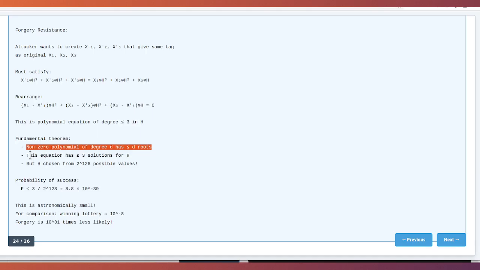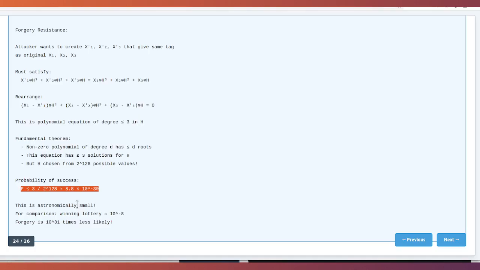So it has at most 3 solutions for h, but h is a secret value chosen from 2 to the 128th power possible values, which is approximately 3.4 times 10 to the 38th power. The probability that the attacker's fake message happens to satisfy the equation with the actual secret h is at most 3 divided by 2 to the 128th power.